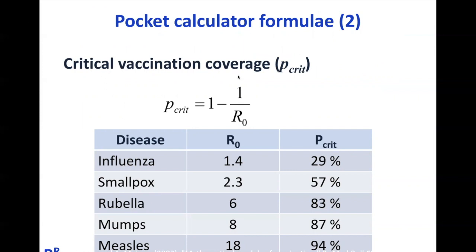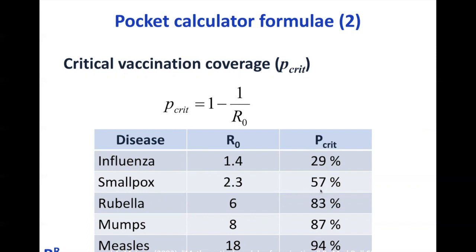If you want to find out how many people need to be vaccinated in order to reach something like herd immunity, so that the disease doesn't spread so fast, you see that for seasonal influenza, already a small proportion of society will help you to stop the strong effects of an epidemic.